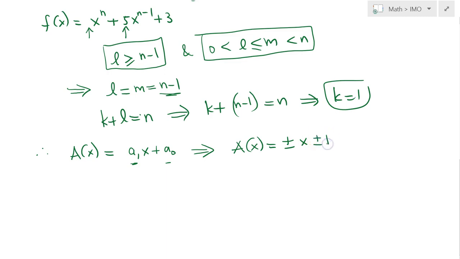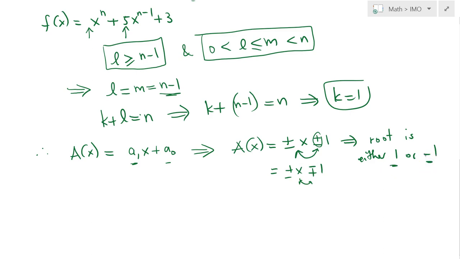It can be either this or plus or minus x minus or plus 1, right?